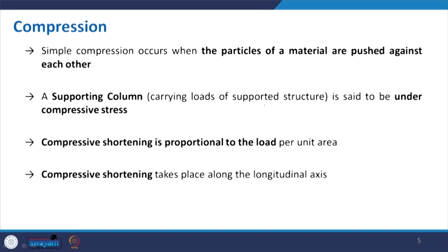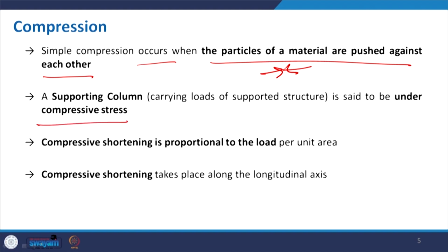Now, to discuss more: simple compression occurs when the particles of a material are pushed against each other, that is, they are trying to come close to each other. A supporting column is one example of a member under compression. Compressive shortening is proportional to the load per unit area, and that is why buckling will happen when you have a very small area, because then the stress will be even more.